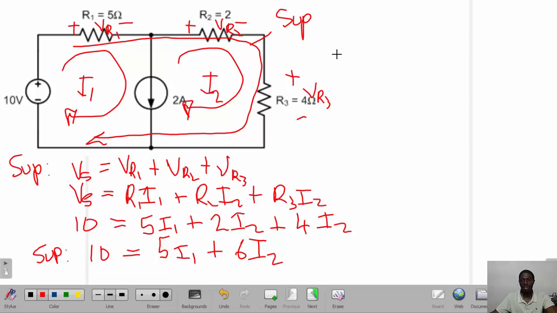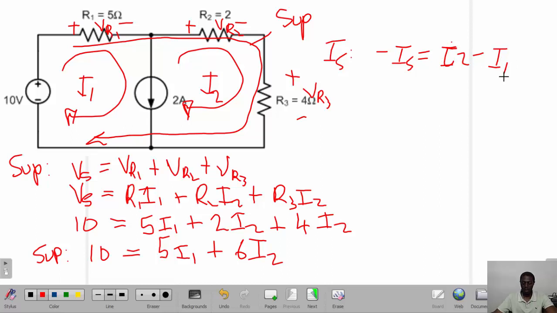And then at the current source, our equation is minus IS, or current source, equals I2 minus I1.